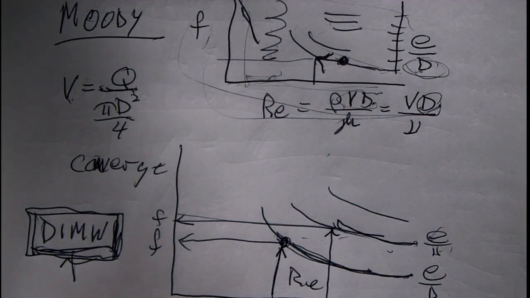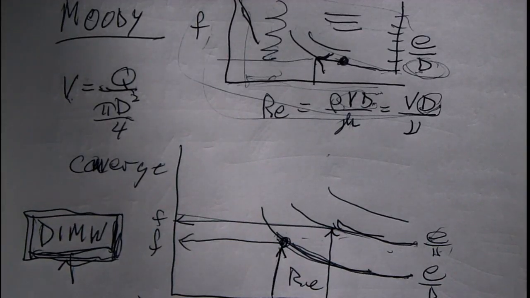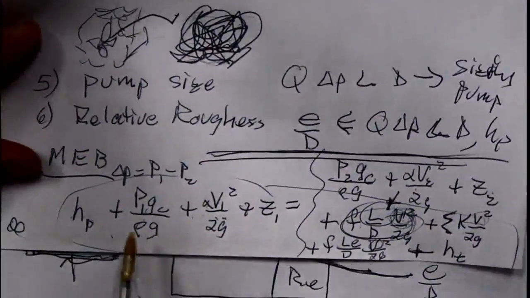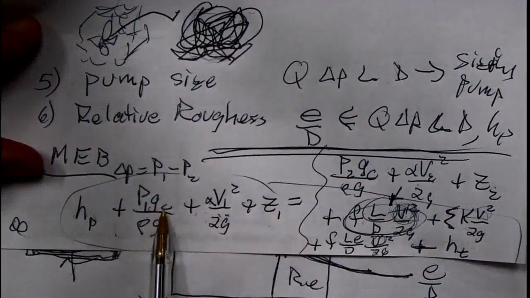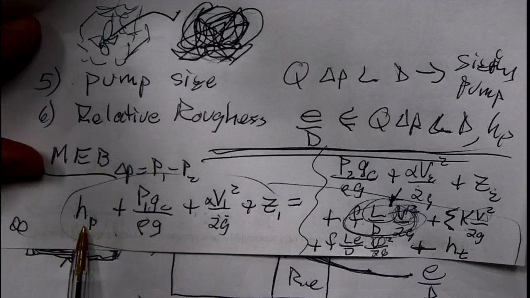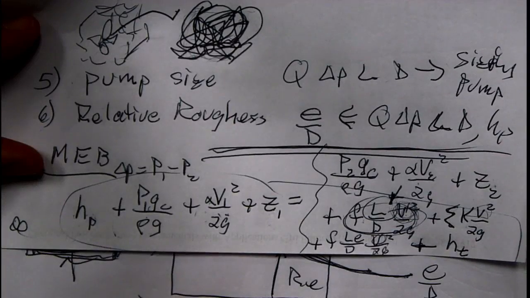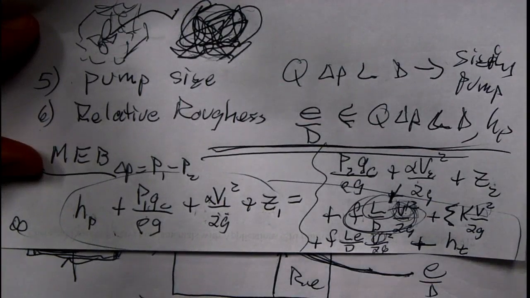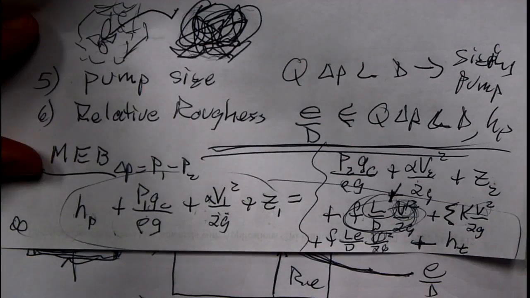Now then, if you're sizing a pump, after you've done everything in the mechanical energy balance, so I have this, I have that, fill it all in, and then I calculate H_p. So pump sizing, you wind up with H_p equal to some number, and that will be units of height, maybe in feet, maybe in meters.